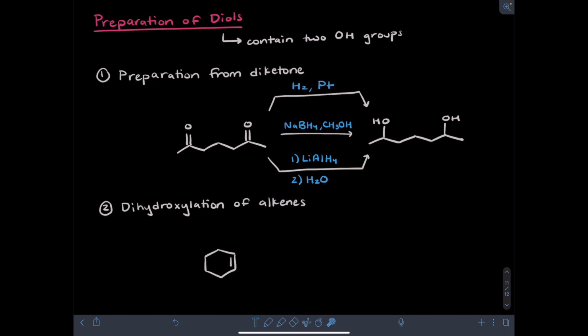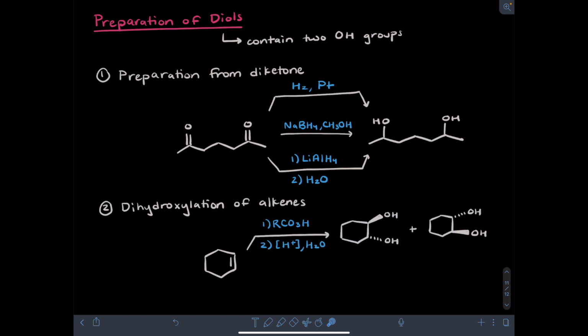Another method we saw for preparing diols, where the alcohols are on adjacent carbons, are in 2 reactions known as dihydroxylations of alkenes. A method we saw that results in anti-dihydroxylation is 2 steps.